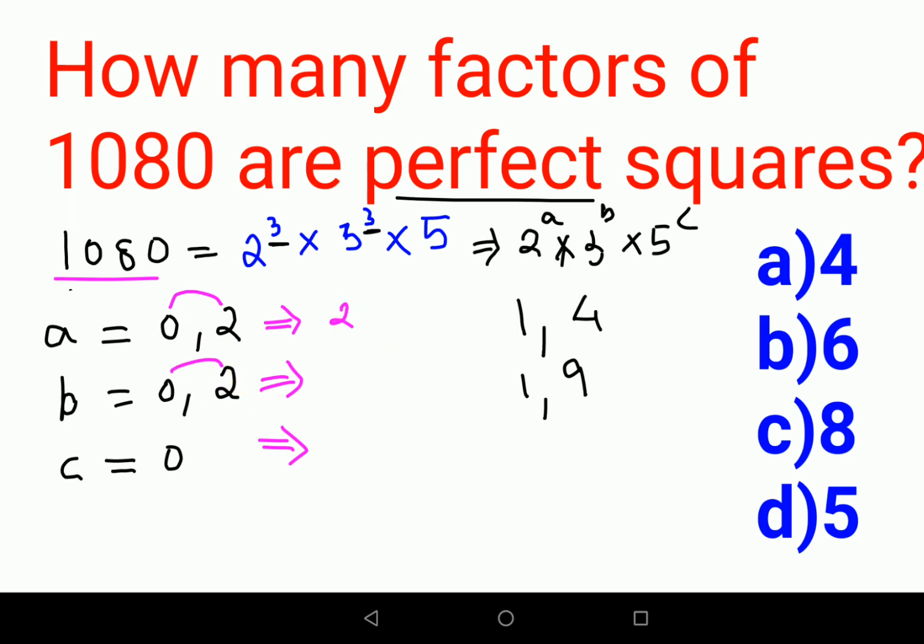The number of values for b is again 2. The number of values for c is 1. So now I can say, therefore, the total number of factors is 2 into 2 into 1. That gets you the answer as 4. So I can say option A is our answer.